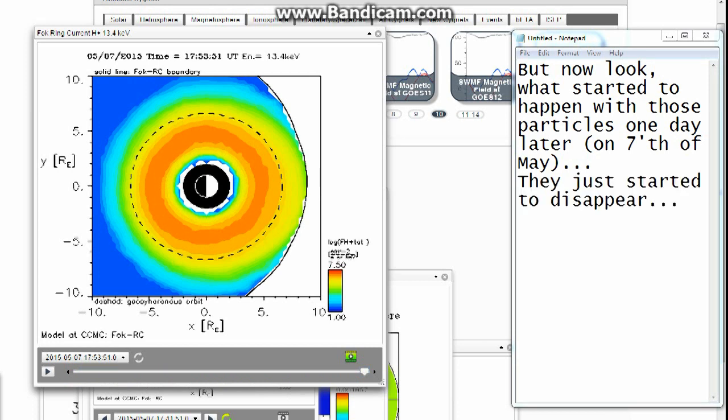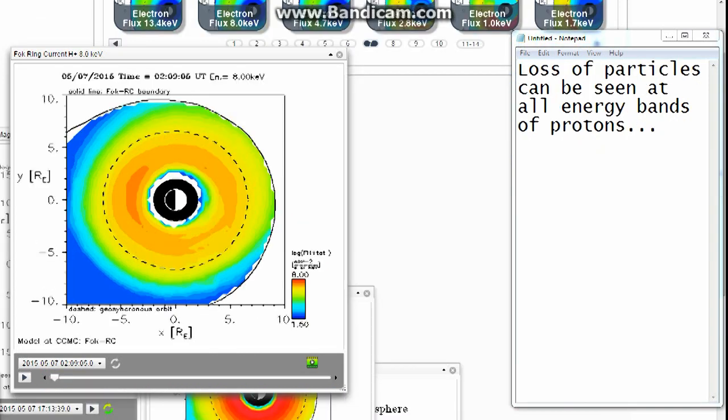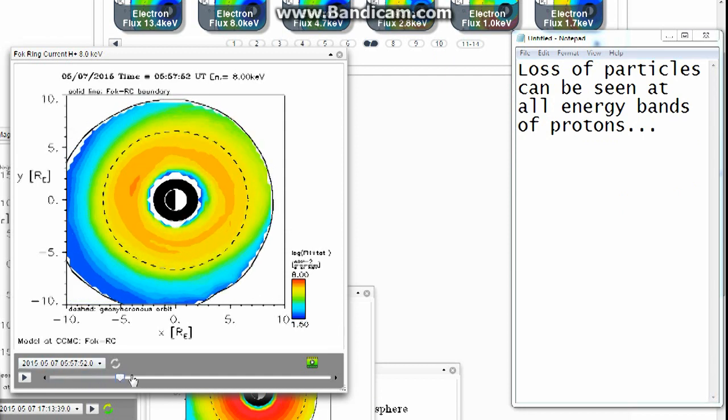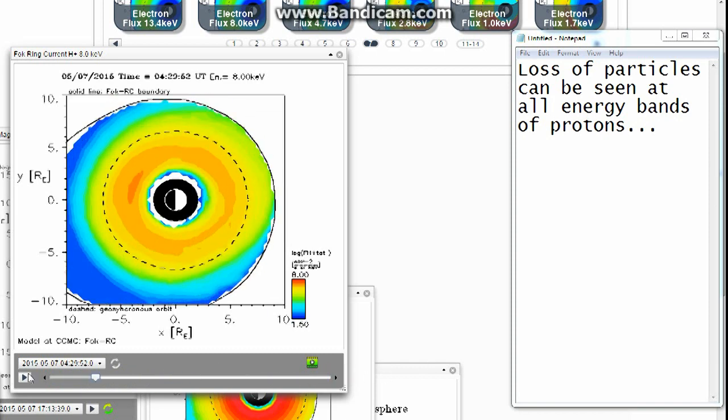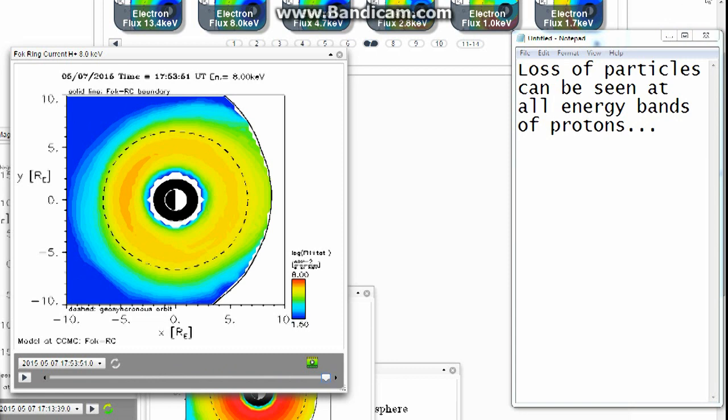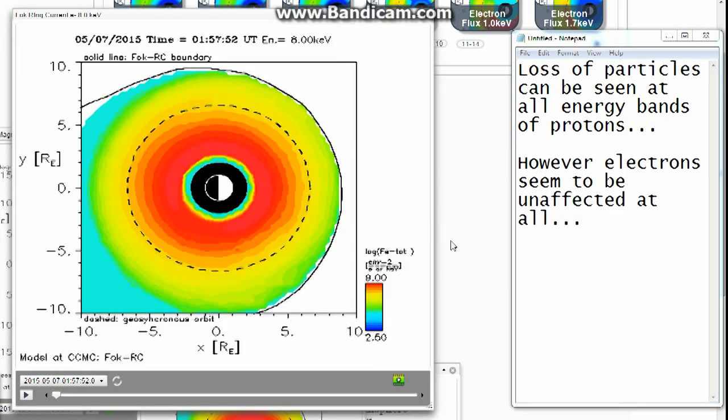They just started to disappear. Loss of particles can be seen at all energy bands of protons. However, electrons seem to be unaffected at all.